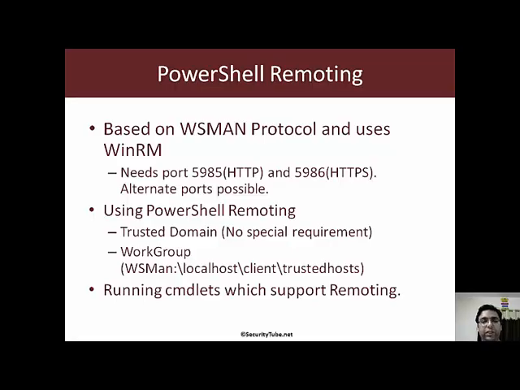If you want to use it on HTTP, which is obviously not recommended, port 5985 should be open on a firewall, and for HTTPS 5986 should be open. Alternate ports configuration is possible.